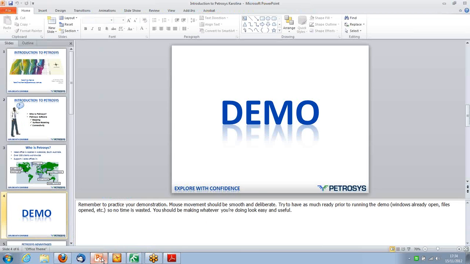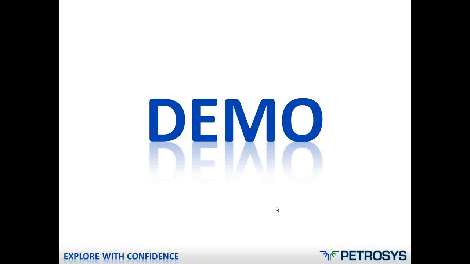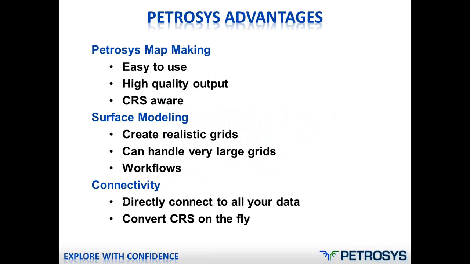Now let's just go and summarize it all. So what is the advantage of using Petrosys? Our map making module is easy to use and it creates high quality outputs. It's also CRS aware. That means that you don't have to worry about CRS anymore. Petrosys will compute your CRSs on the fly.